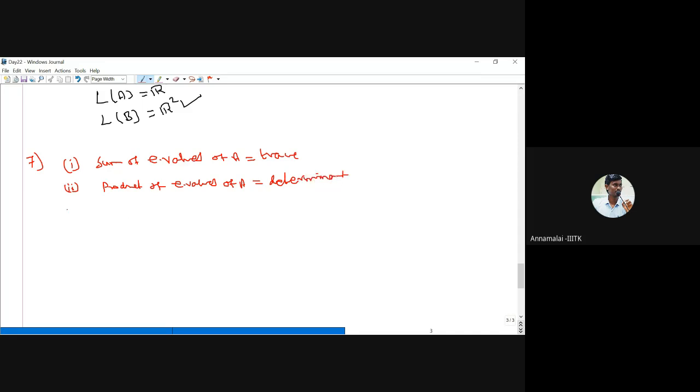Third statement: all the eigenvalues of A are non-zero if and only if A is non-singular.